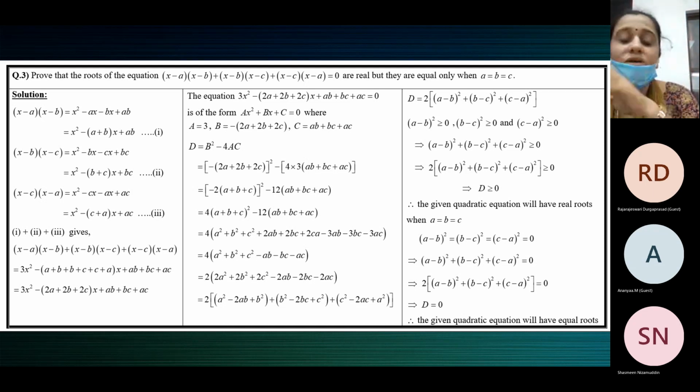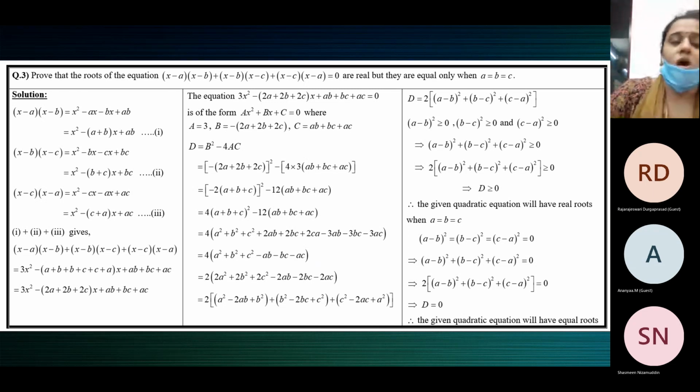A minus B, the difference can be 0 or positive or negative. But when you square it, whether it is positive or negative, (A minus B) the whole square is positive. And when it is 0, it is 0. So that means (A minus B) the whole square will not be negative. It will not be less than 0. It will be greater than or equal to 0.